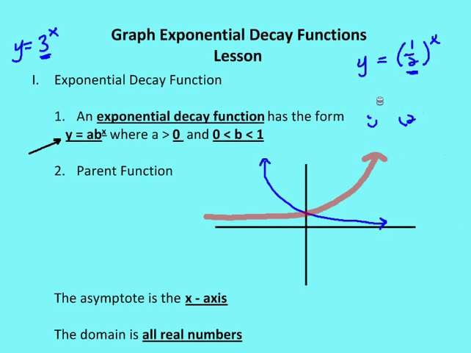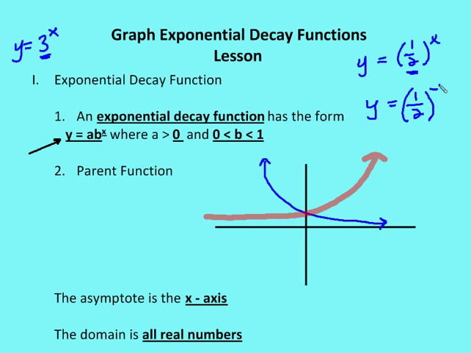What happens to y? All right, so when x is equal to a negative value, remember negative exponents just means take the reciprocal of the given value and raise it to the power that's associated with the given number.